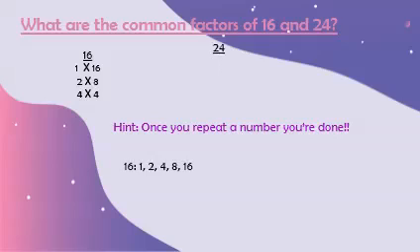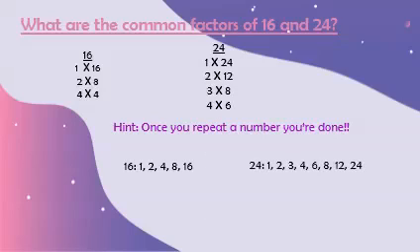Now what are the factors of 24? 1 times 24, 2 times 12, 3 times 8, 4 times 6, and we are done because 5 is not a factor, and 6 is the repeated number, so we stop. So the factors of 24 are 1, 2, 3, 4, 6, 8, 12, and 24.